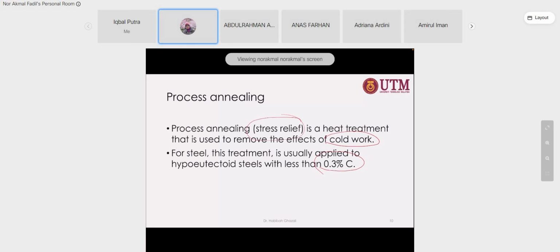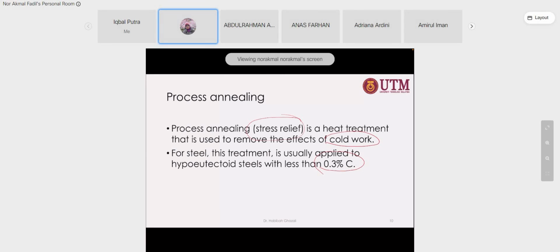However, for a certain application, the strength contributed by residual stress is not needed, so it may cause other failure. So to remove this residual stress, we can do that by process annealing.